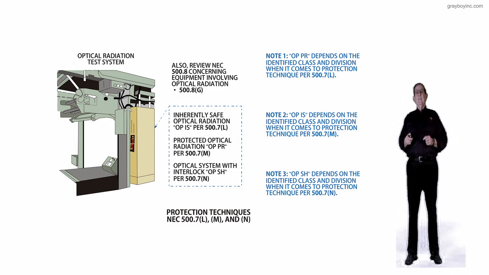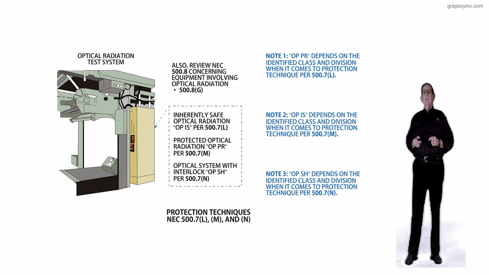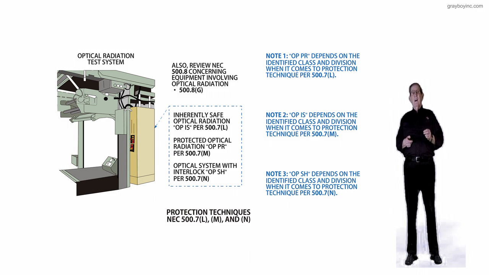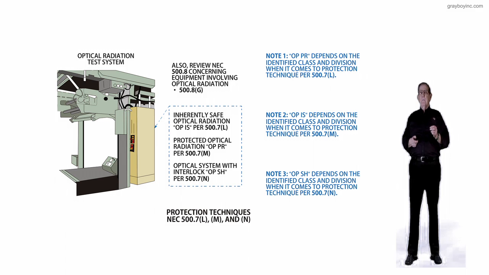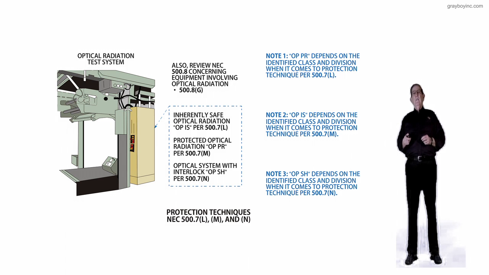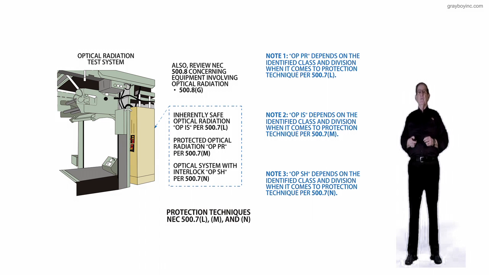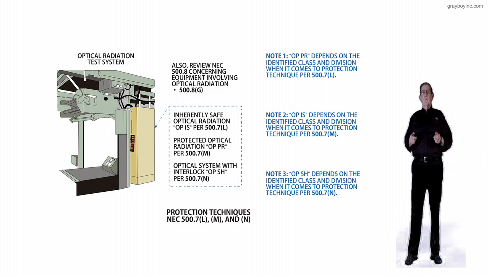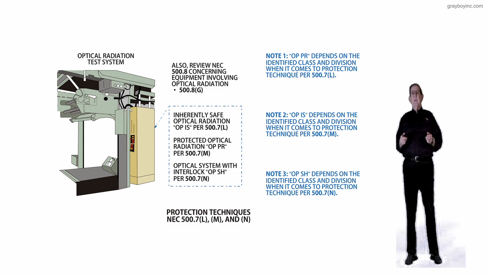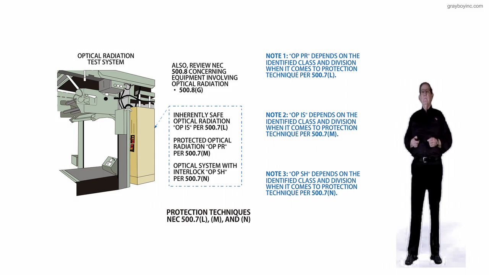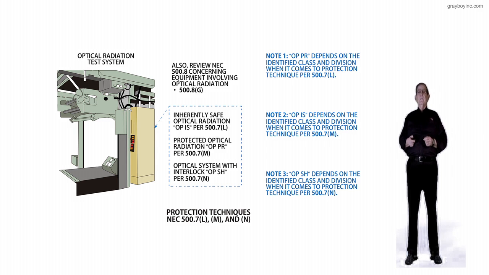And then notice inherently safe optical operation type system designated OP is per 500.7L, protection techniques. And then notice the second call out is protected optical radiation, OPPR, designated per 500.7M.